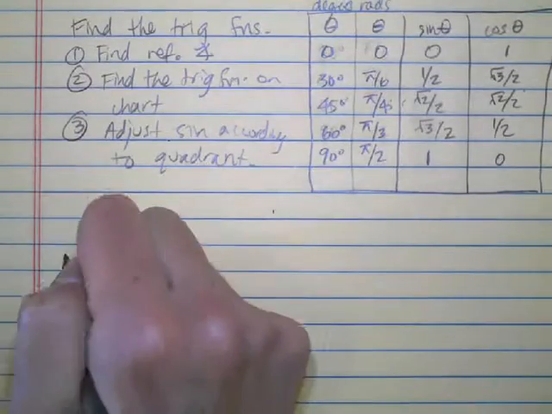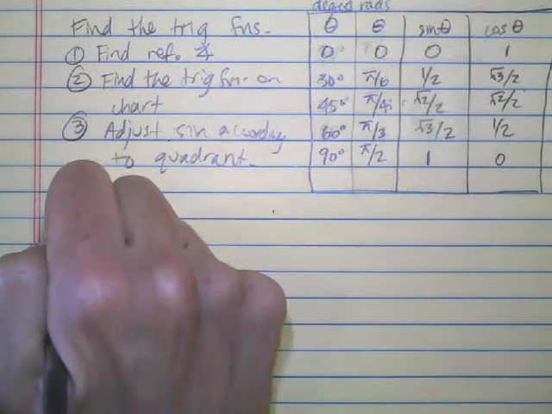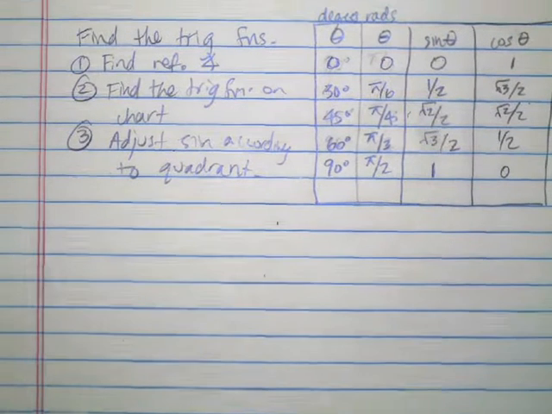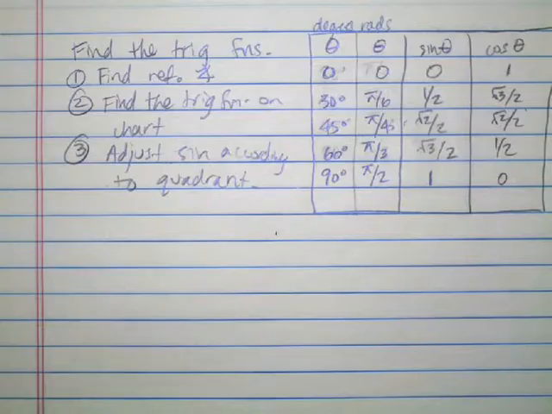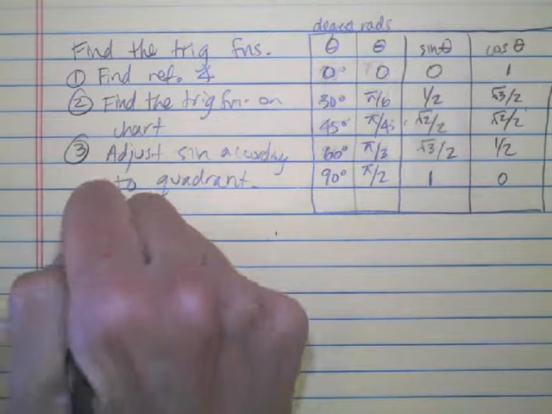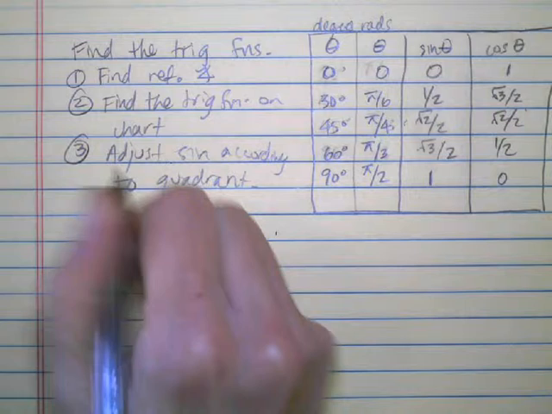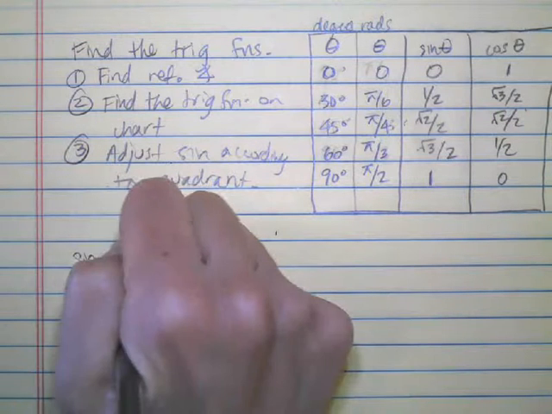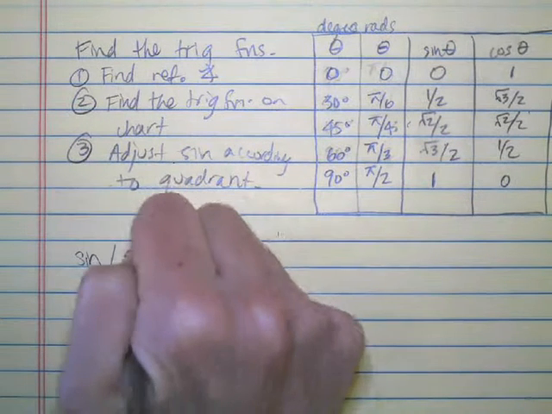So, let's look at, what does number 1 say? Find the reference angle. So, I'm going to do one of these in radians and the other one in degrees. So, let's say we have sine of 5 pi over 6.